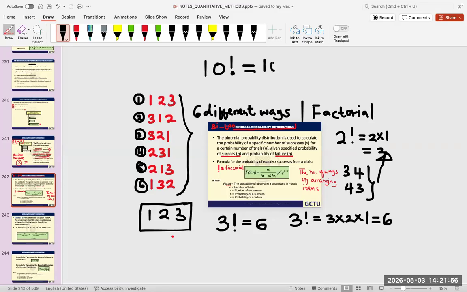It will be 10, then you keep reducing to 1, multiplied by 9, multiplied by 8, multiplied by 7, multiplied by 6, multiplied by 5, and you keep going till you get to 3, 2, and then 1. So this is the meaning of 10 factorial.